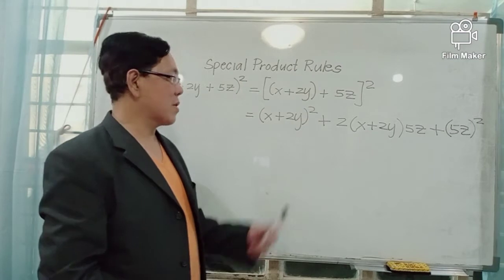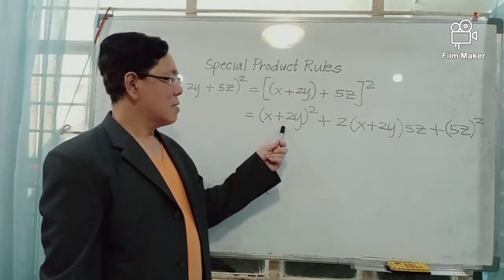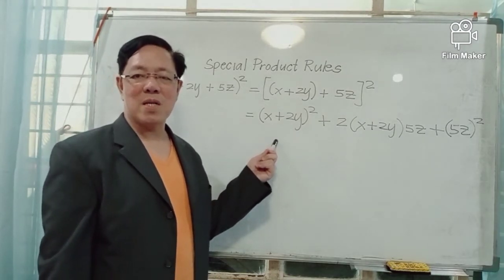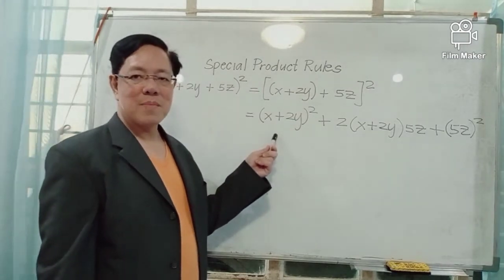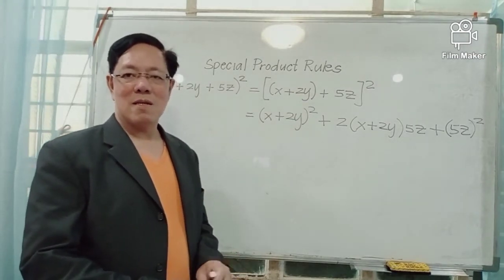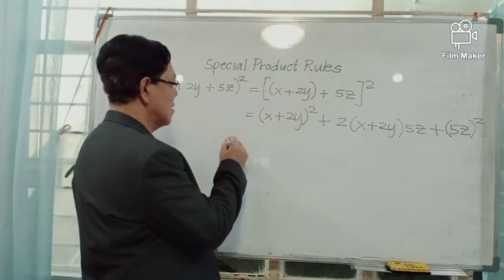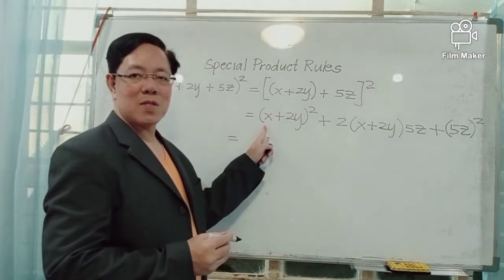As in the first term, we have a square of a sum. So to simplify the first term, we apply again the special product rule number 2 for the square of a sum. And this special product rule number 2 says that the square of a sum is equal to the square of the first term.